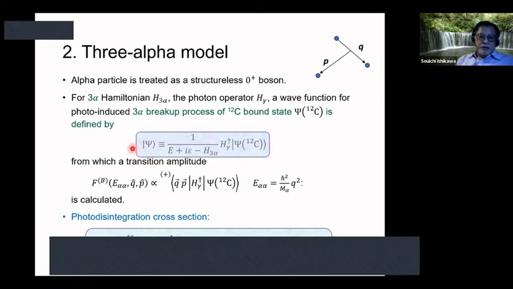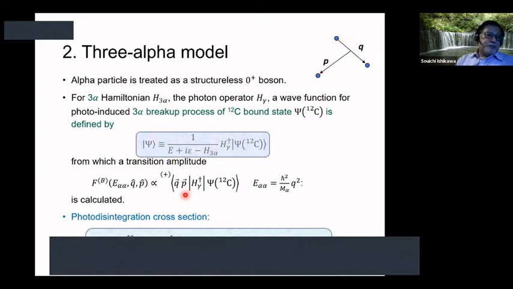Anyway, once we have this wave function, I can calculate the transition amplitude from the bound state to the scattering state. Q and P are the relative momentum of the alphas, and the spectator momentum relative to the center of mass of the 2 alpha system.